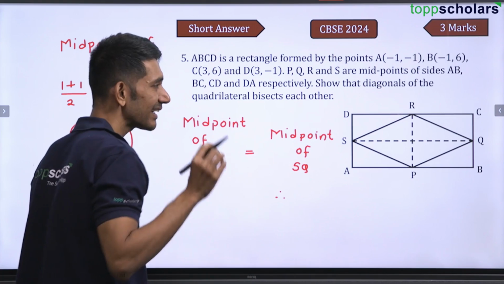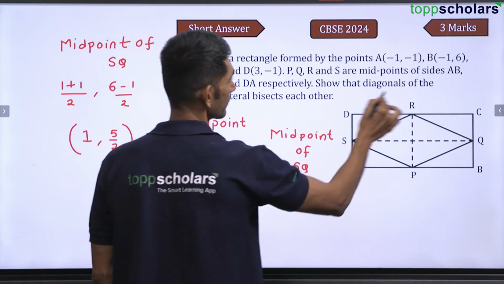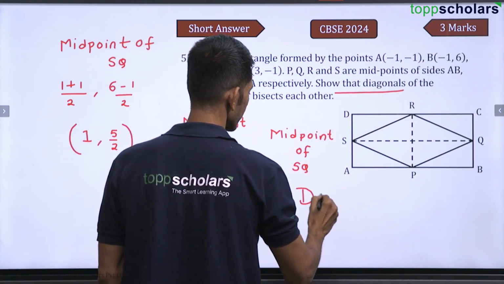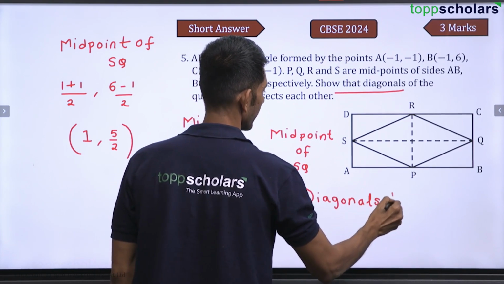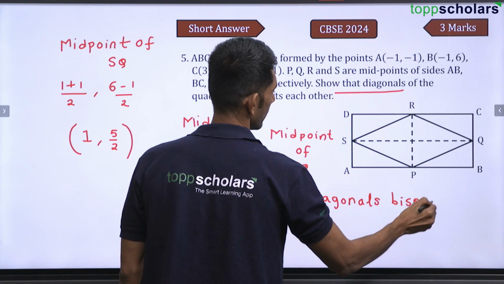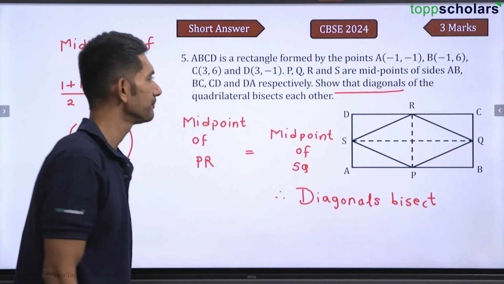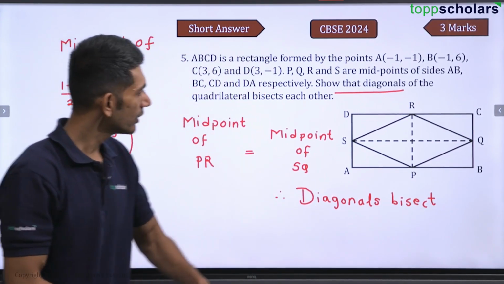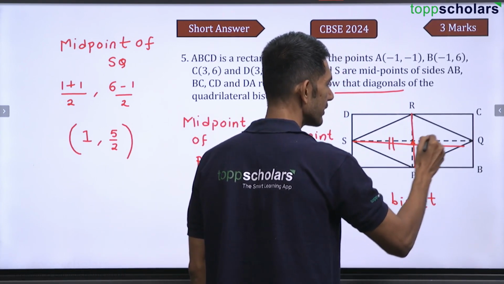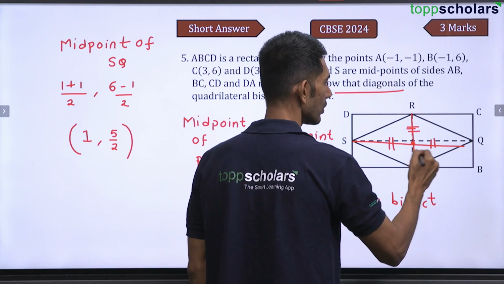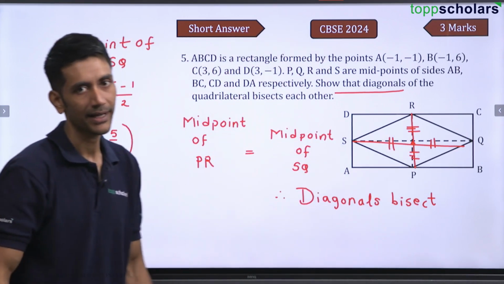Therefore, clearly we can say that the diagonals bisect each other, right? Because the midpoint of this and the midpoint of this is the same. That means these two are equal and these two are also equal, right?